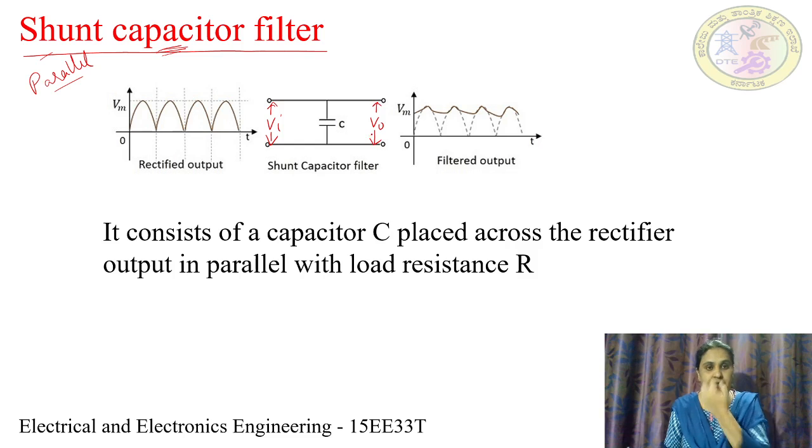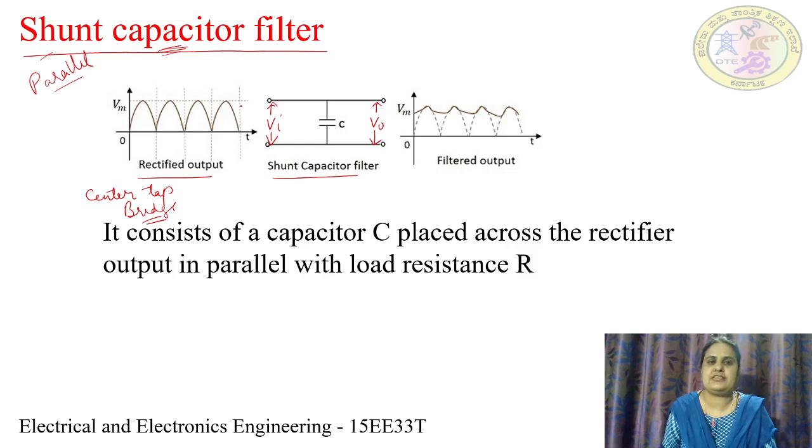The input to the filter circuit is coming from a rectifier, maybe from a center tap rectifier or from a bridge rectifier. So what does the filter circuit consist of?